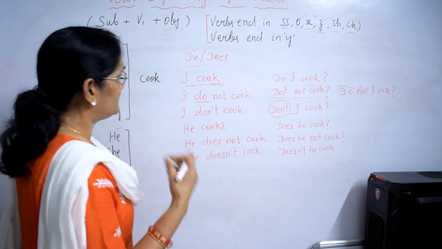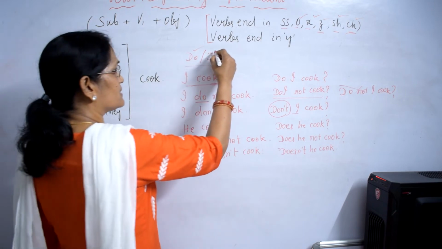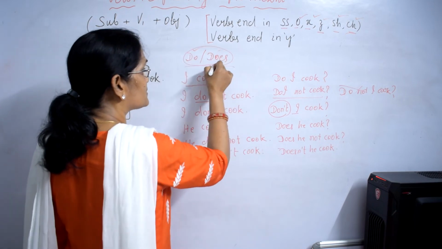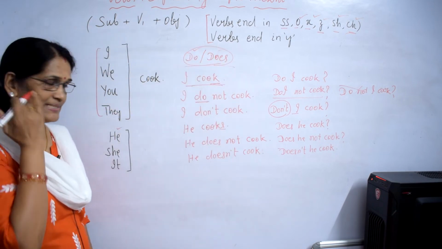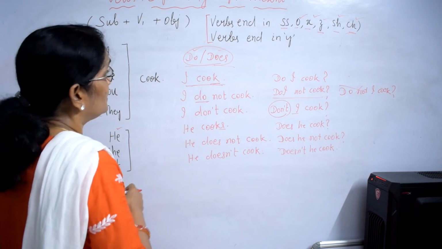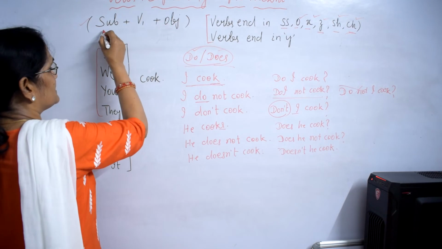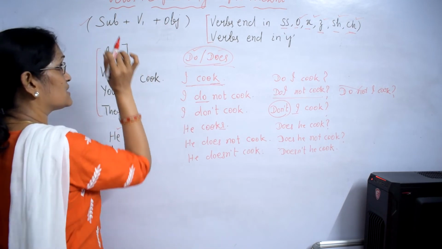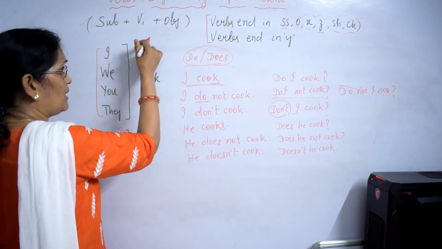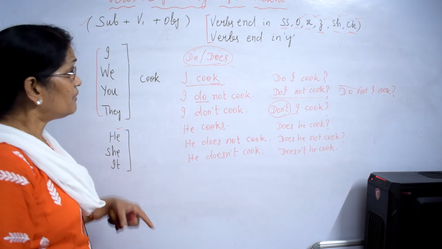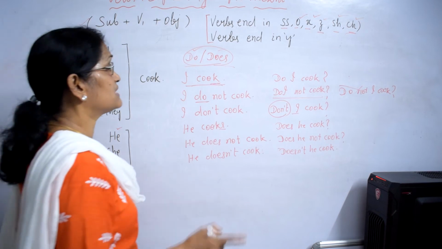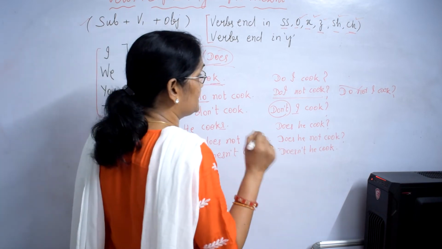Okay, and do and does are the most important verbs for simple present. Then we know the structure for simple present for an affirmative sentence: subject plus verb 1 plus object.